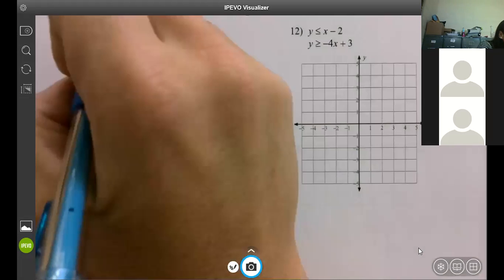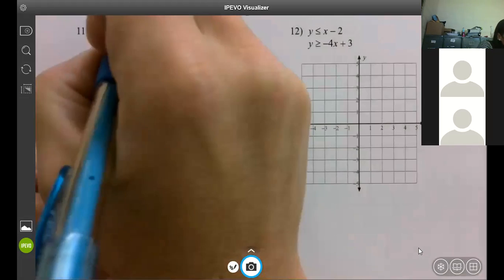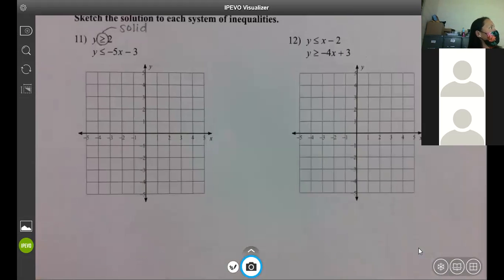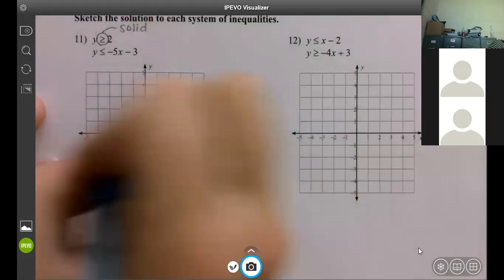Remember, we look at this, and this one is actually solid. And why is it solid? Because it has an equal to, it's going to be solid. But what does this graph look like? I start at 2, but how do I move? Horizontal, very good. So it's a horizontal solid line at 2.